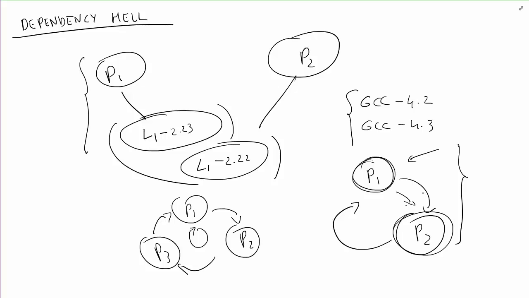Once both of them are installed, then they are going to function because they will find what they need. But we need to be able to manage the fact that there is a circular dependency here.